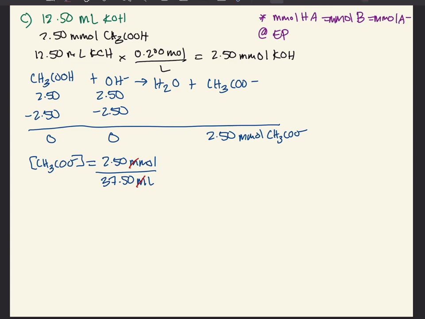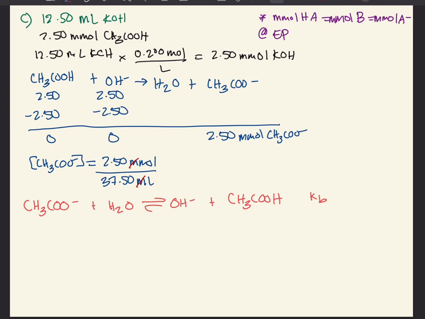This conjugate base is going to act as a base in water. So I can have my acetate in water. It's going to exist in equilibrium to form hydroxide plus acetic acid. Since this is a base, it's going to have a Kb.